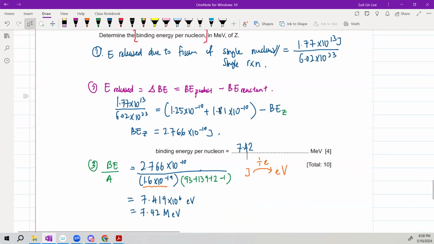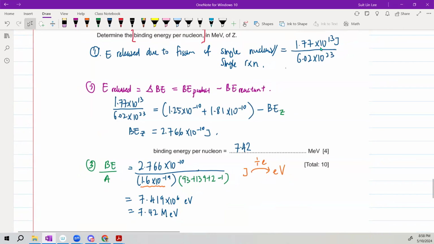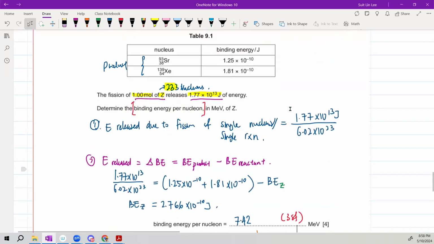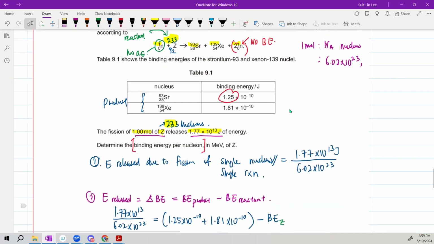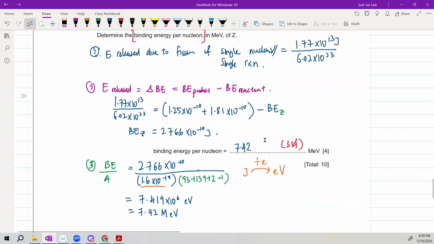If you start rounding from the beginning, meaning from here you already round, that's fine, as long as you write one extra SF. Our final answer must be 3 SF because the data given to us is 3 SF. You see this? 3 SF, 3 SF. So we need this one to be 3 SF.